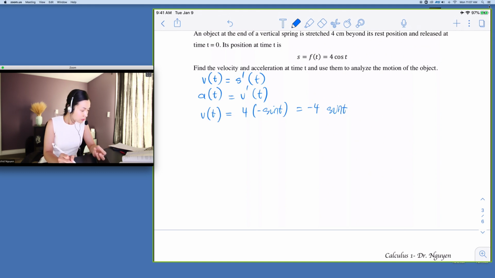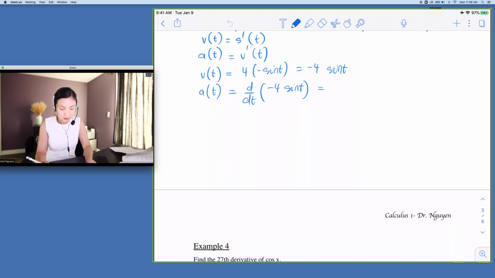Acceleration, so I need to take the derivative of negative 4 sine of t. The derivative of negative 4 sine of t is going to be negative 4, that's just a constant, cosine of t. So that's the acceleration.